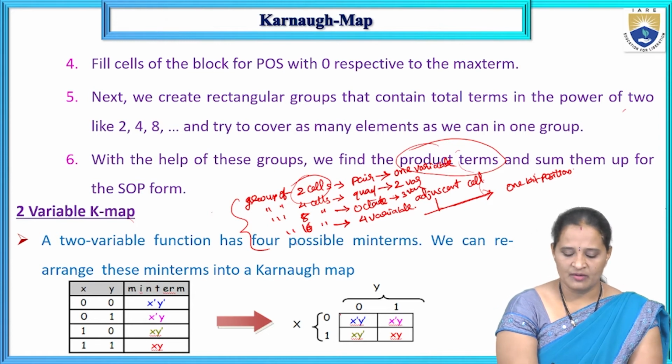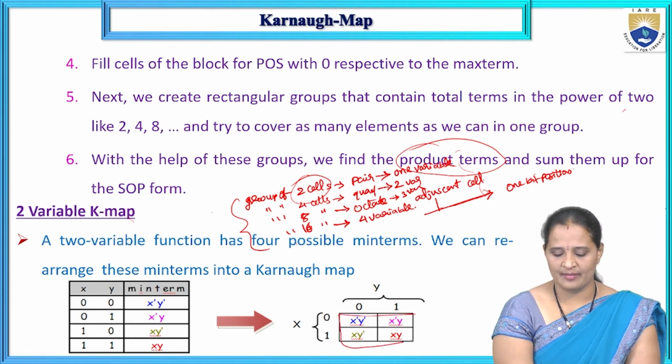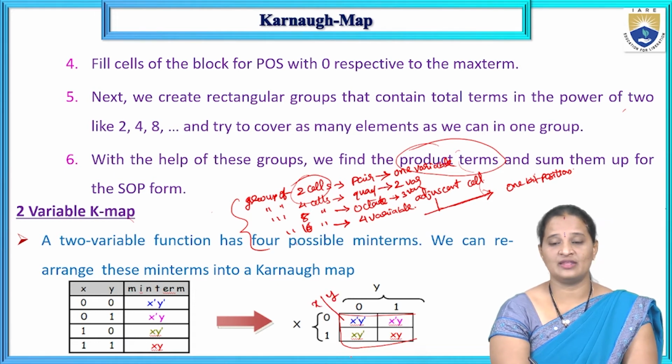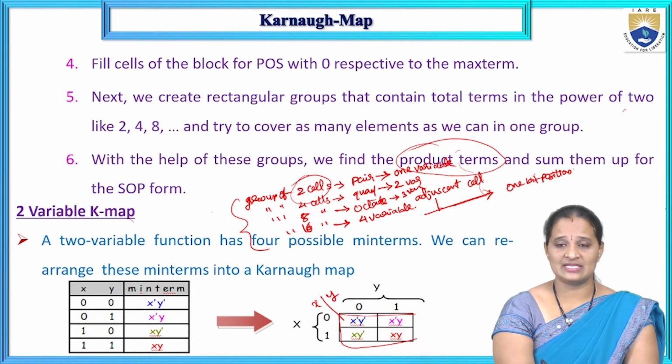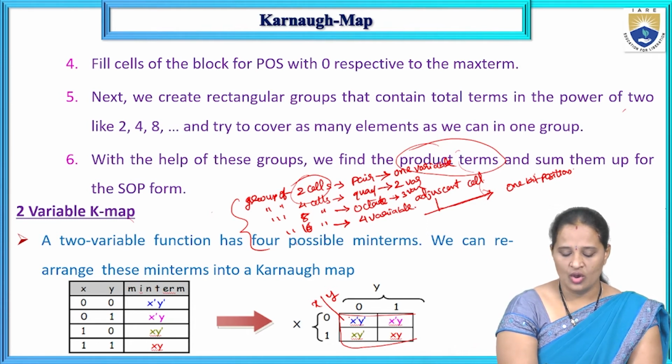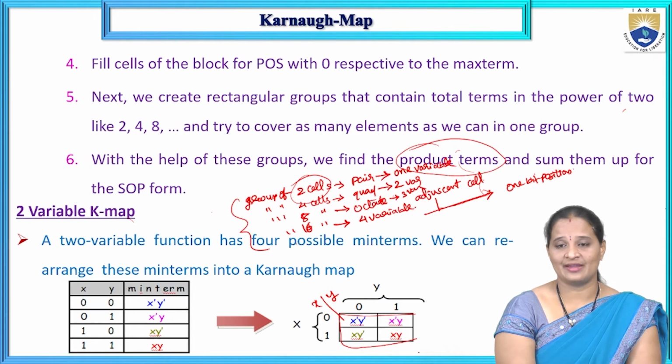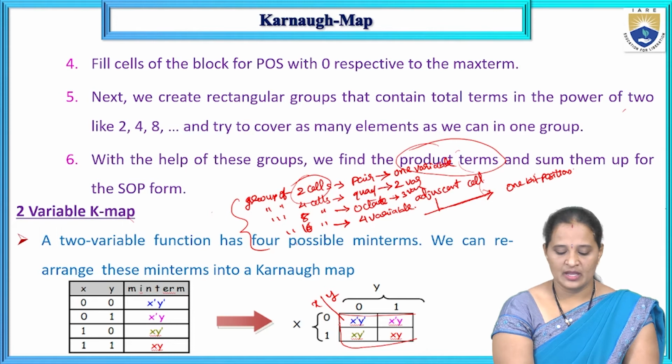So this is the 2 variable K-map which has 4 cells, and we have to divide the variables like this. X is considered as rows and Y is considered as columns. So it is arranged like an array. We have 2 rows here because the X value may be either 0 or 1.